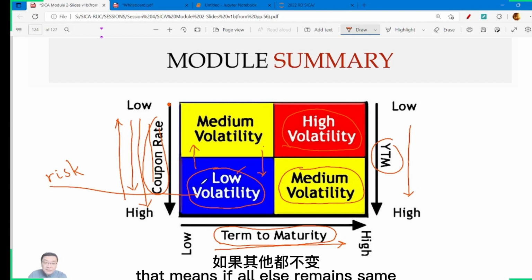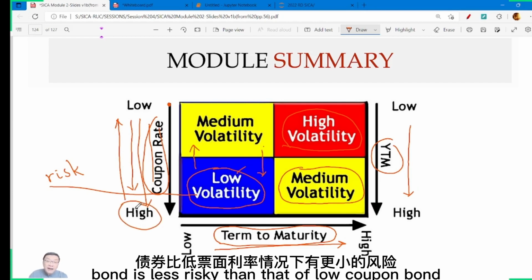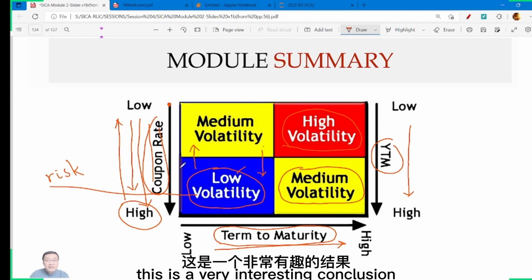That means if all other conditions remain the same, a high coupon rate bond is less risky than a low coupon rate bond. This is a very interesting conclusion.